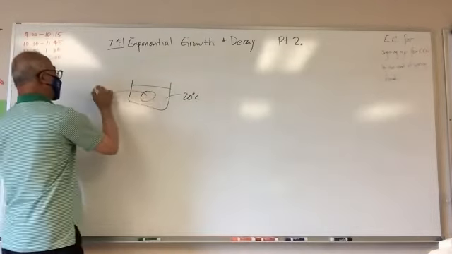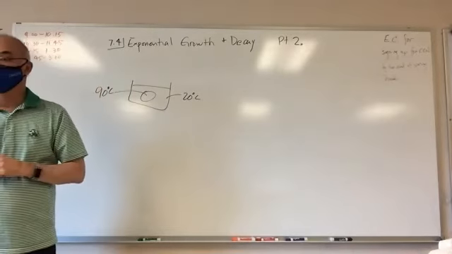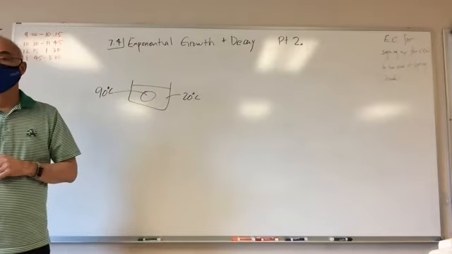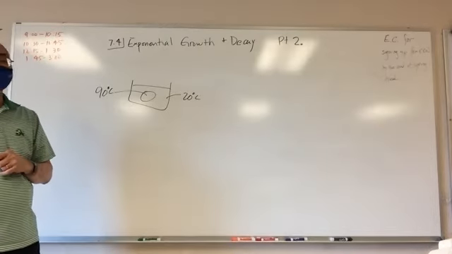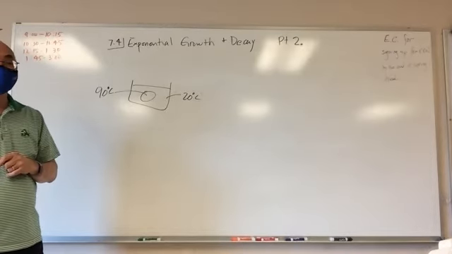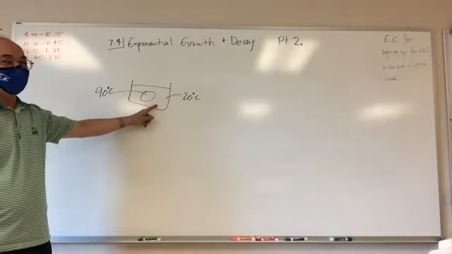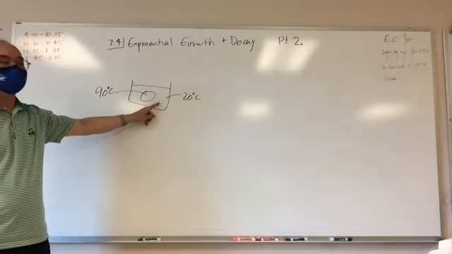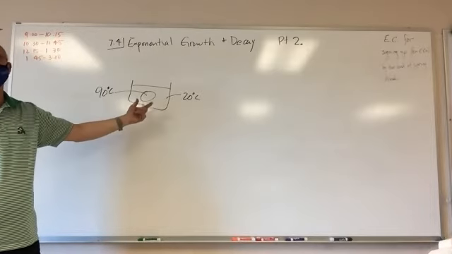The egg comes out from 90 degrees Celsius. What temperature does water freeze at? 0 degrees Celsius. That's like 50 degrees. This is not really cold water. It's like lukewarm.